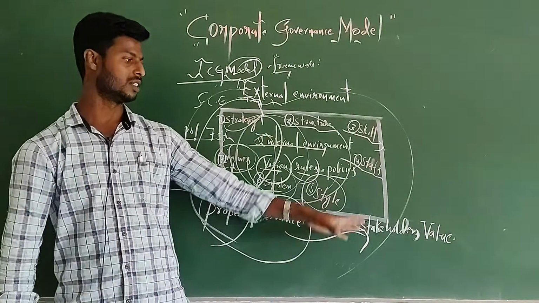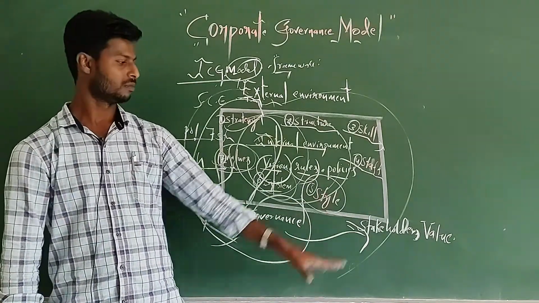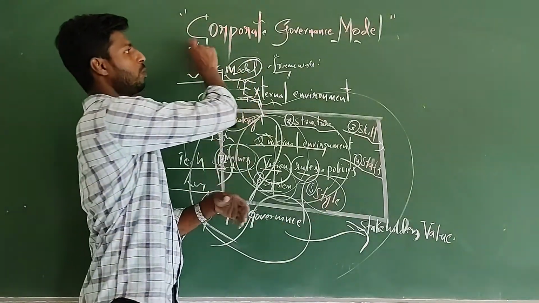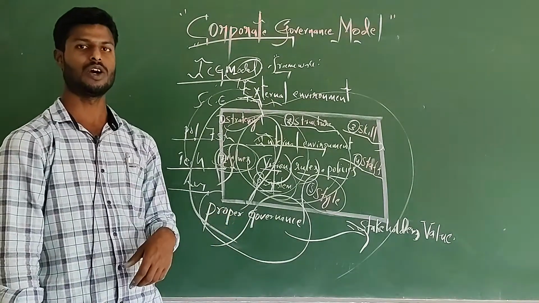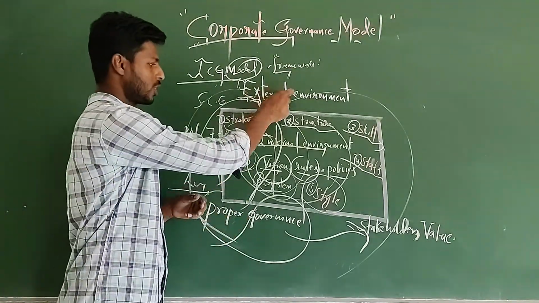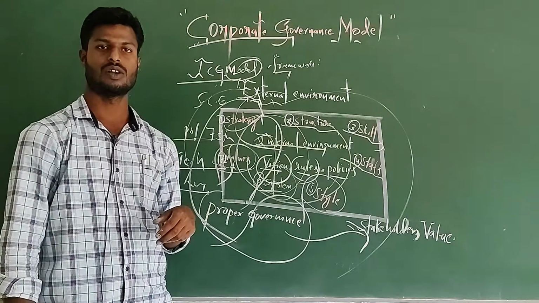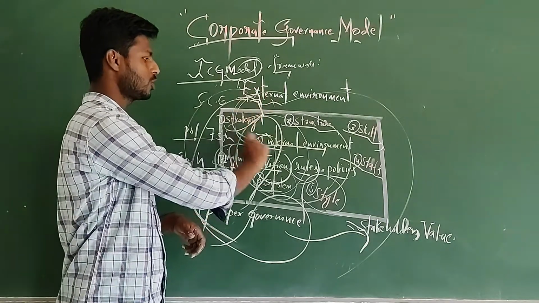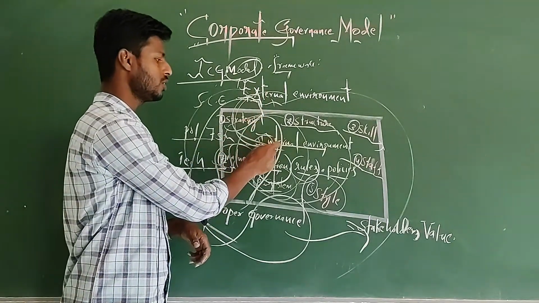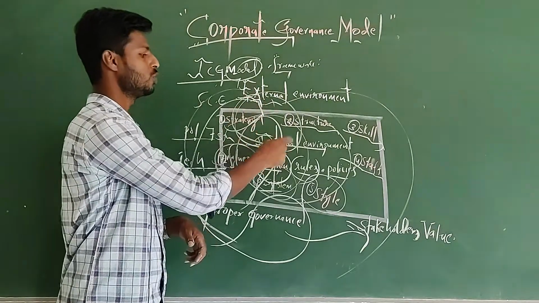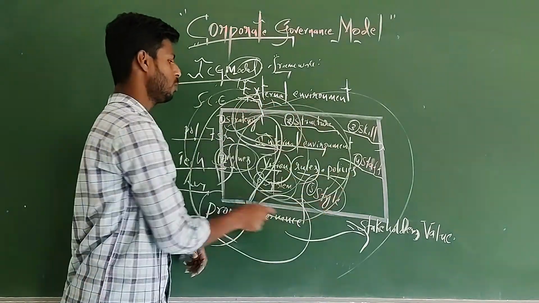They are the stakeholders of the business. For their welfare, corporate governance is very important. Here corporate governance means the mixture of external environment and internal environment, or the impact of external factors on internal environment and internal changes as per the external change. These are very important.